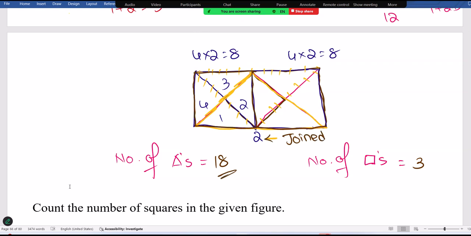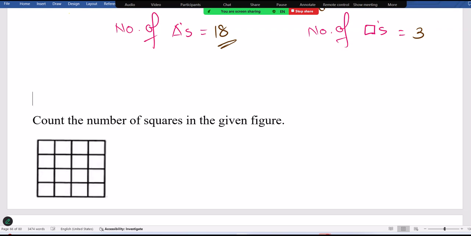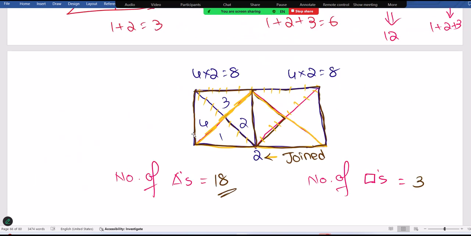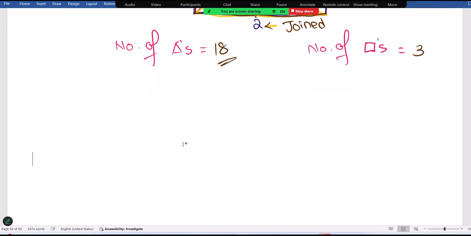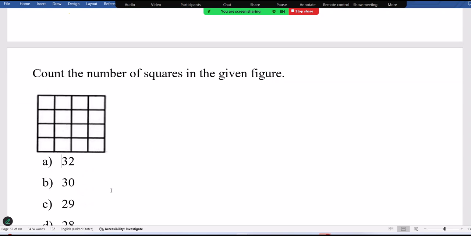Right. Now, squares related. There are many other types of models which you need to focus on in squares and triangles. Video is already shared. You can just have a look at that and you will get the idea.